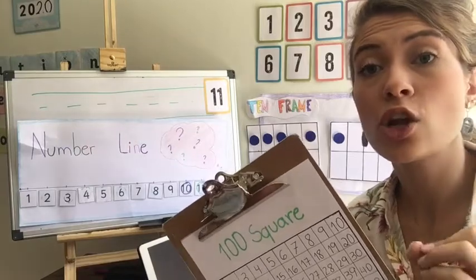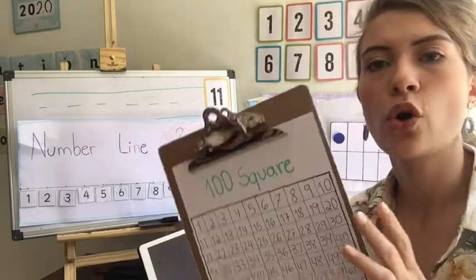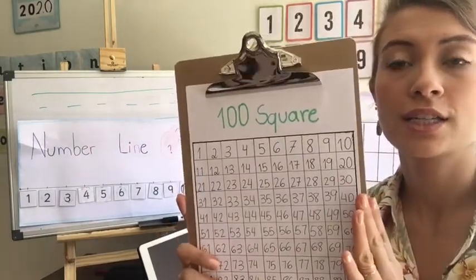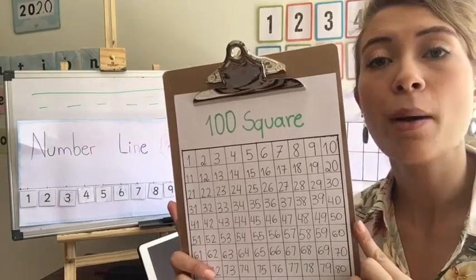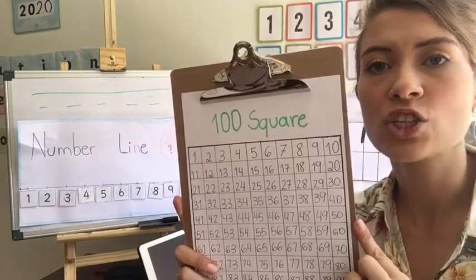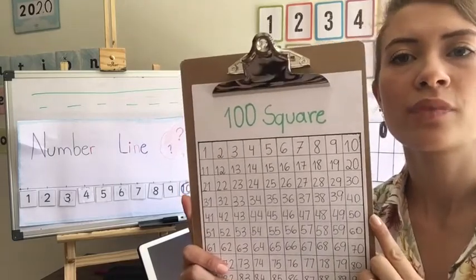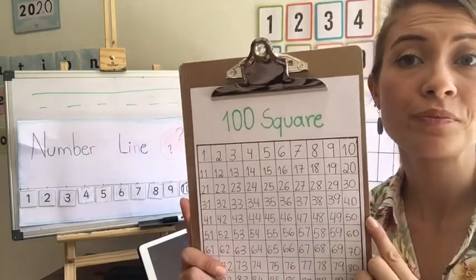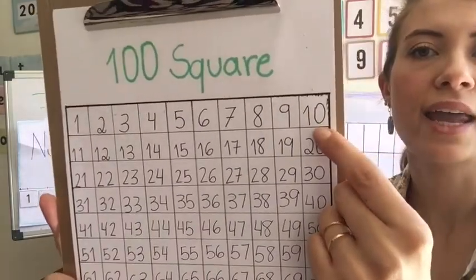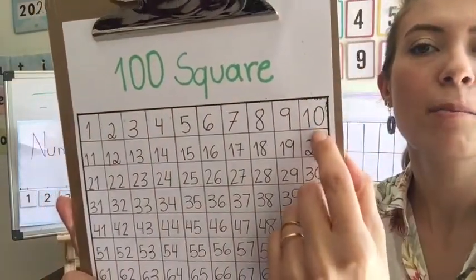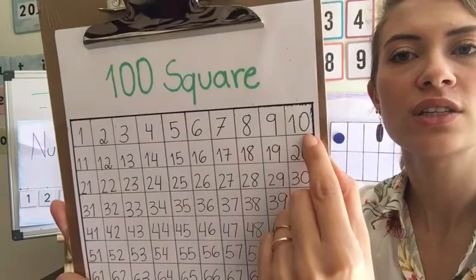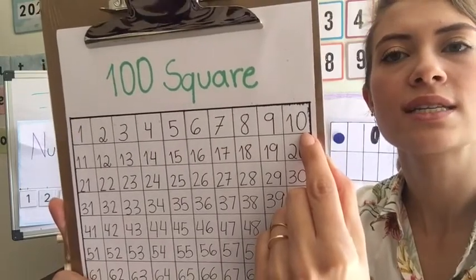And then you can look now at your 100 square and find numbers that finish with the number 0. For example, I already found one, the first one, which is 10. This number 10 finishes with the 0.